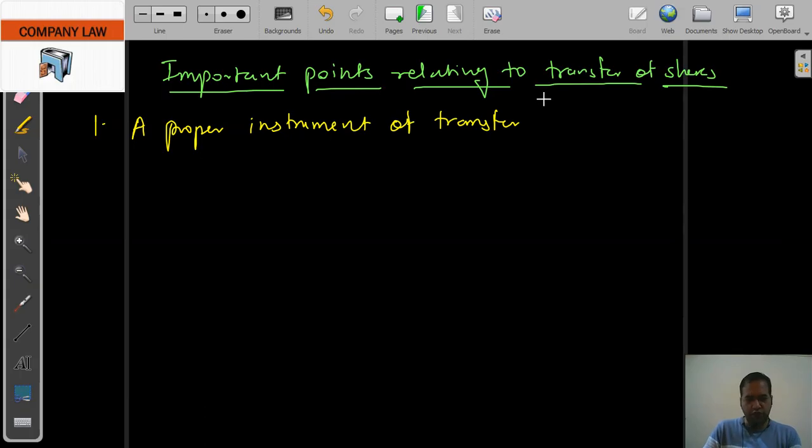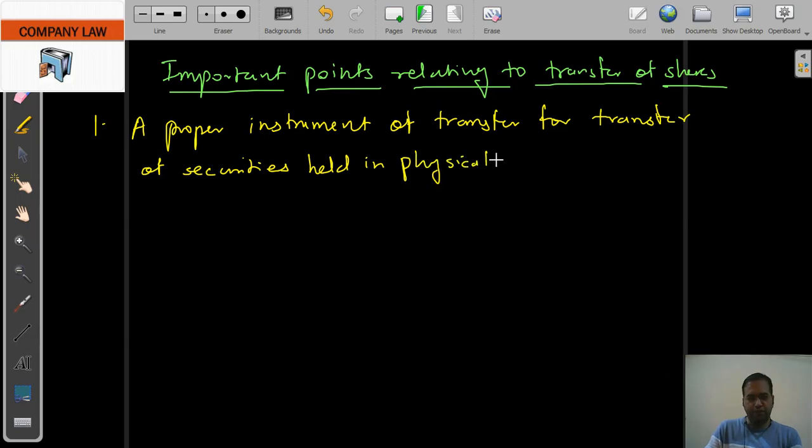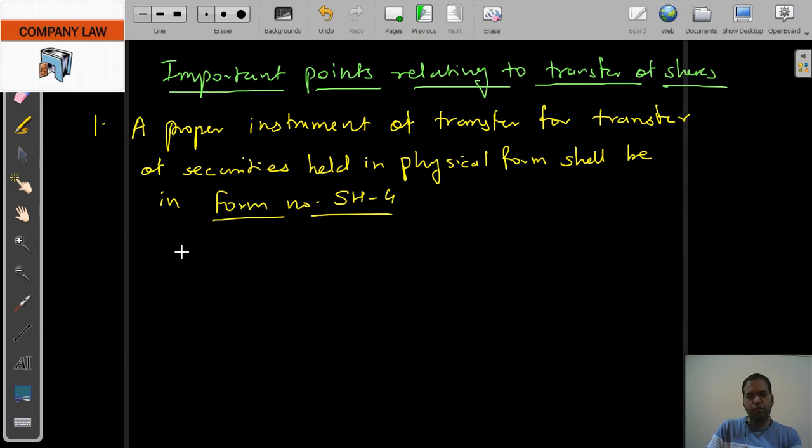A proper instrument of transfer for the transfer of securities held in physical form shall be in form number SH4.